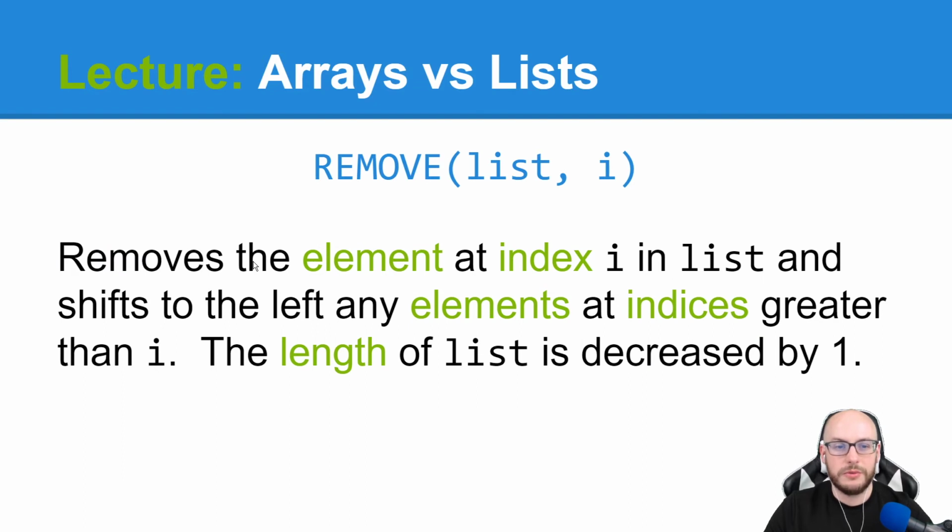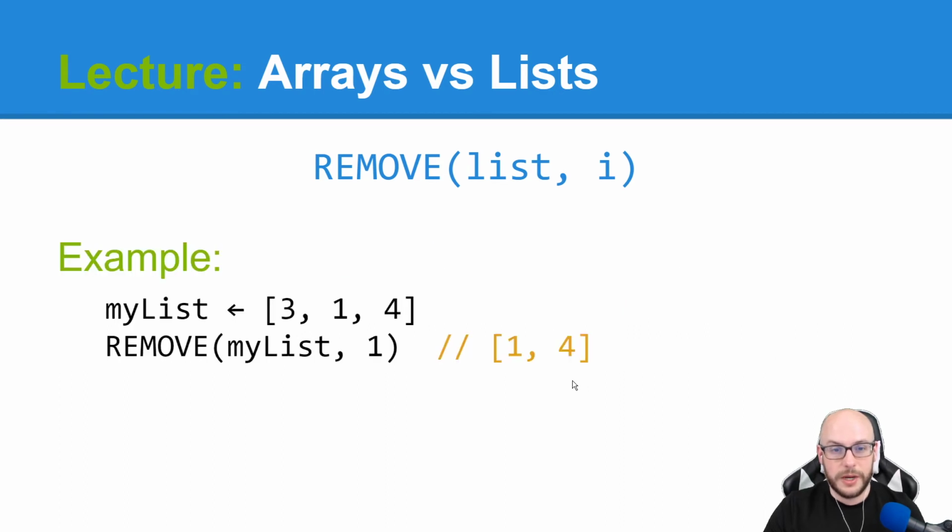Last one we got is remove. It removes the element at index I in list and shifts to the left any elements at indices greater than I. The length will decrease as a result. Okay, so here is our list 3, 1, 4, and I'm going to remove from my list 1. Be careful here. I have chosen this example on purpose. This number, this 1, it is the index, not the first occurrence, right?